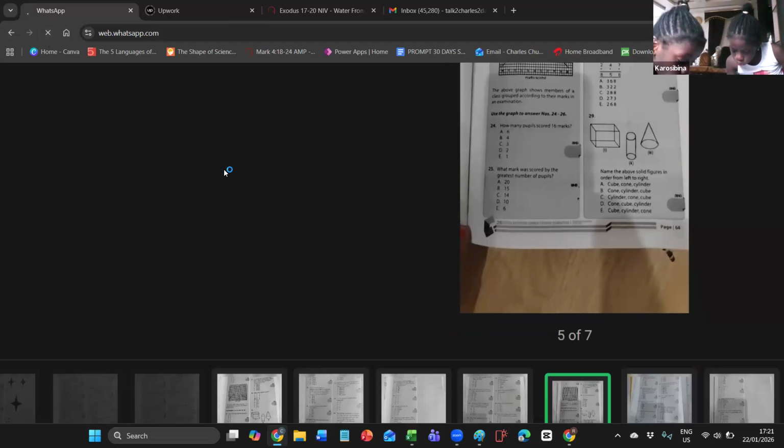Correct. Four people scored 13 and a half. Correct. Only one person scored 11. That is true. So it's A that is not the answer.